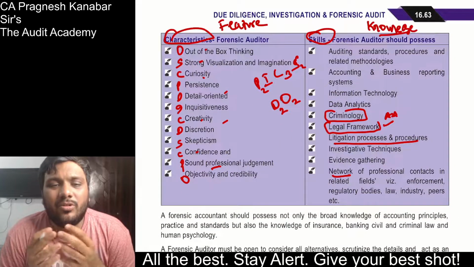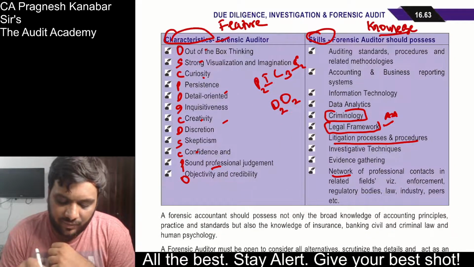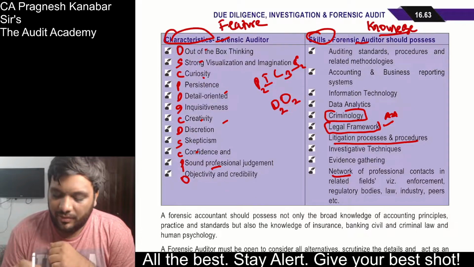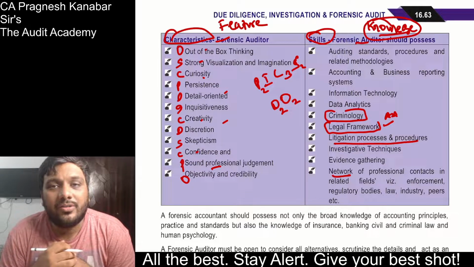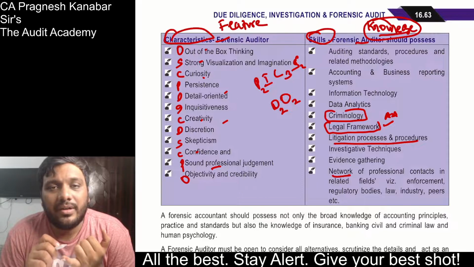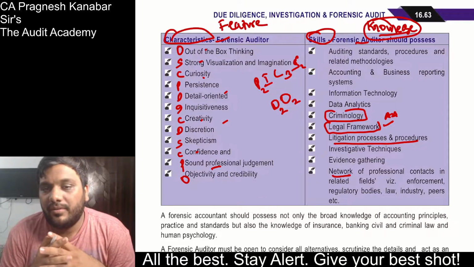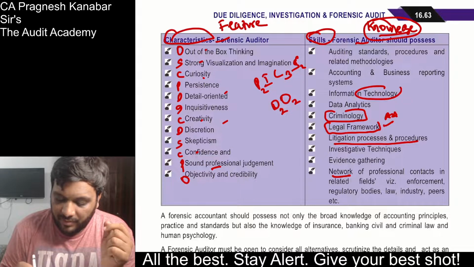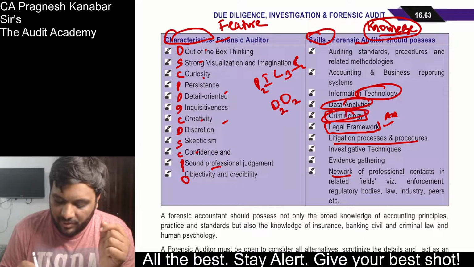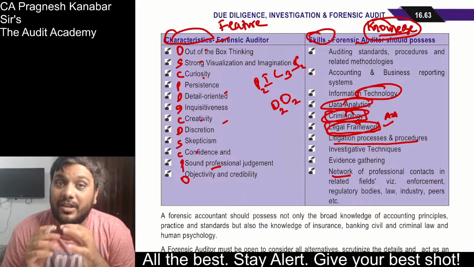Then there are two very basic questions. One is characteristics of forensic auditor, other one is skills. For skills, let me just give one word: knowledge. Knowledge of accounts, audit, tax, everything. But mostly a forensic auditor will require knowledge of information technology, data analytics, criminology, legal framework. Don't forget this criminology.